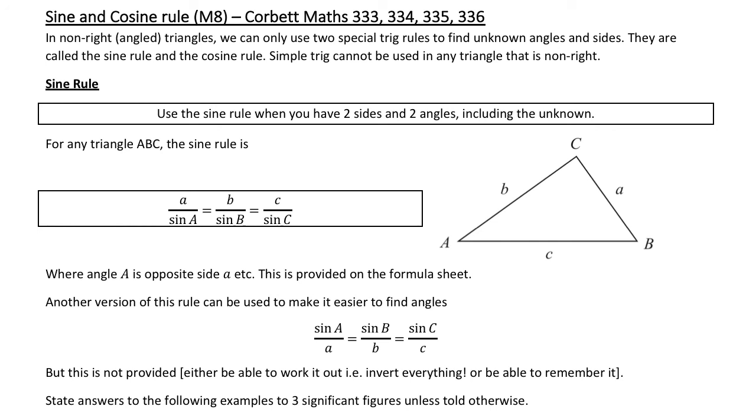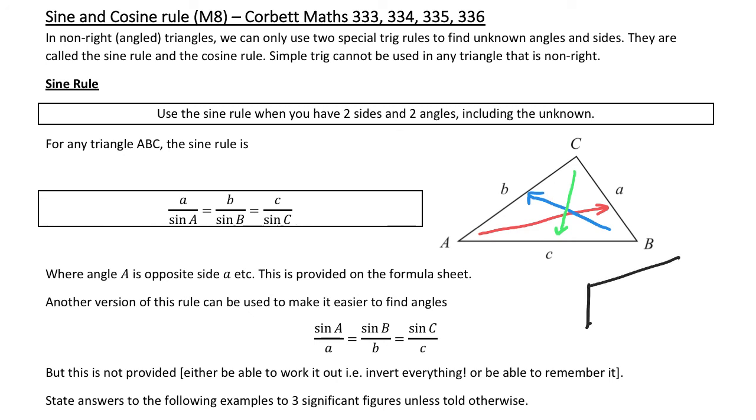Now, in labelling a triangle, it's really important that we do so in an appropriate way. And the way in which we do that is that side a is opposite angle A, side b is opposite angle B, and side c is opposite angle C. Okay, and this would be the same if it was any triangle and any letters.